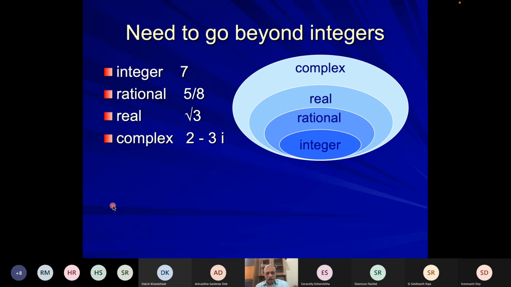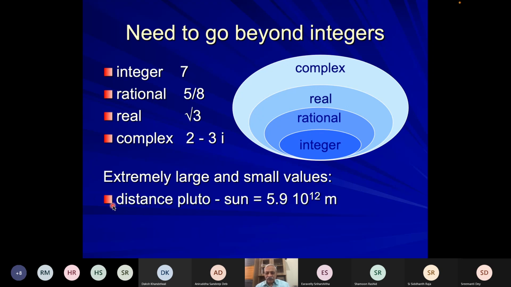So how do you work with these numbers which are not integers? And not only that, we need to deal with things like fractions. We need to work with sometimes extremely large and extremely small values, which are represented by an exponent component.